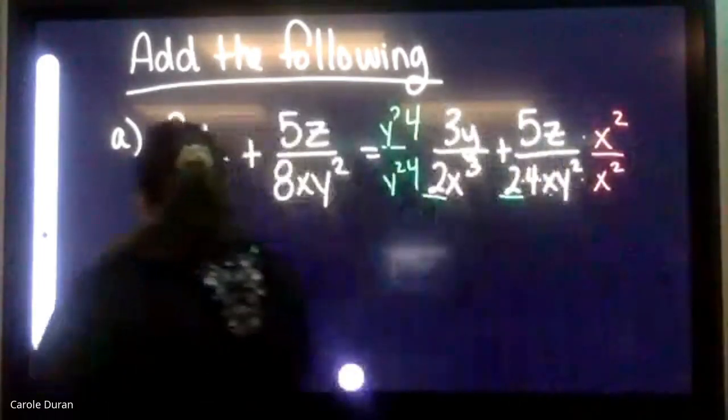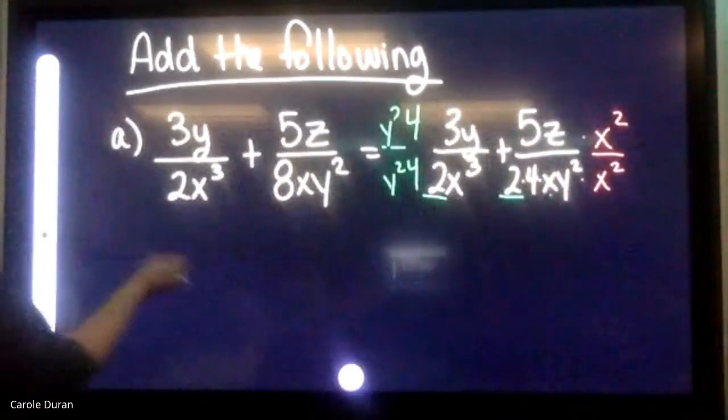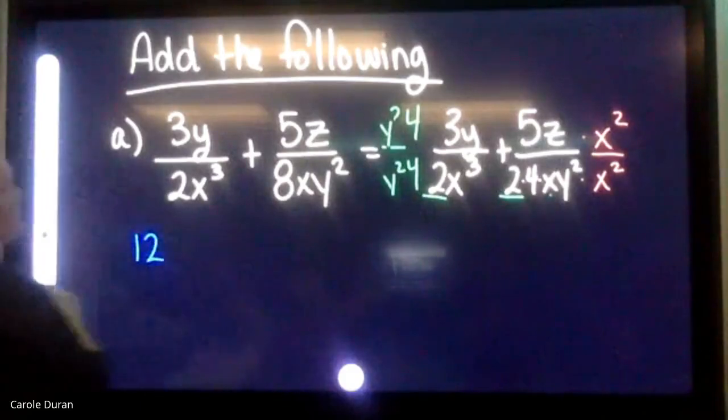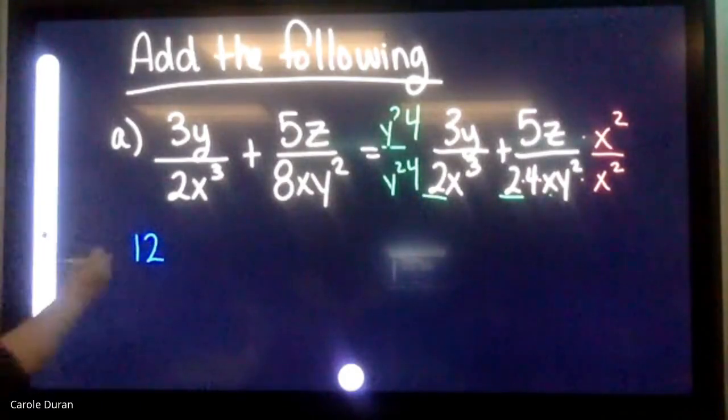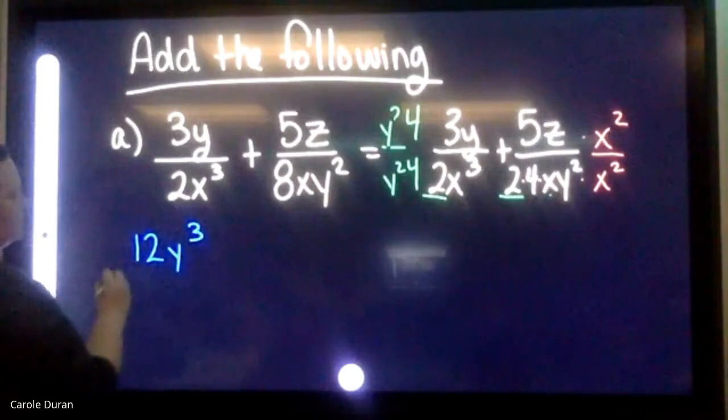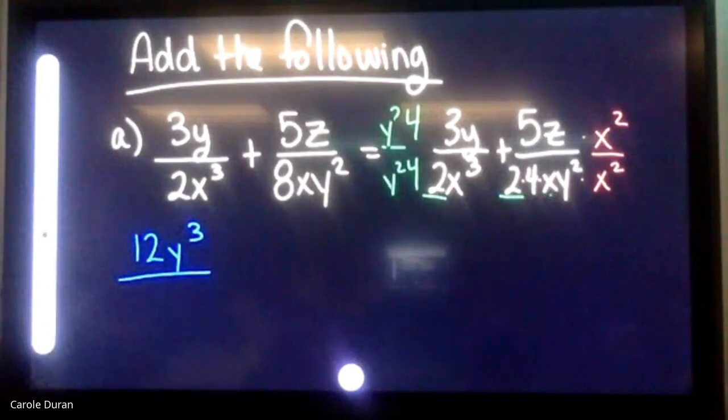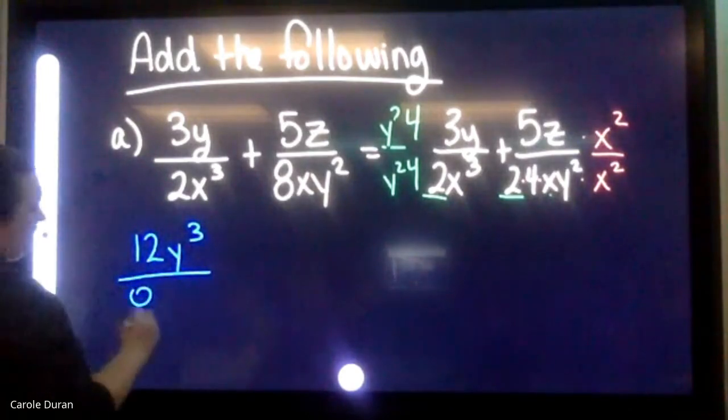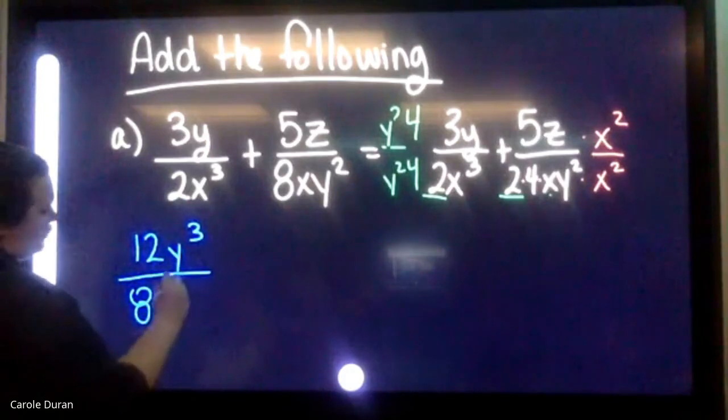So the green combined with this initial first fraction, I put the whole numbers together to get 12. And my y's combined to become y cubed. I go ahead and do the same thing in my denominator, and I should get 8x cubed y squared.